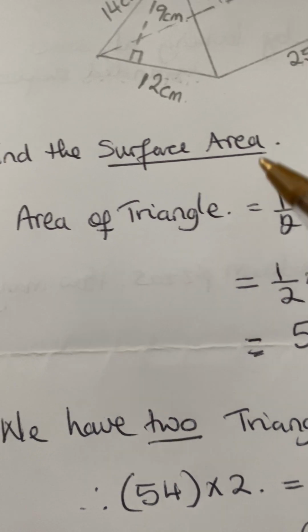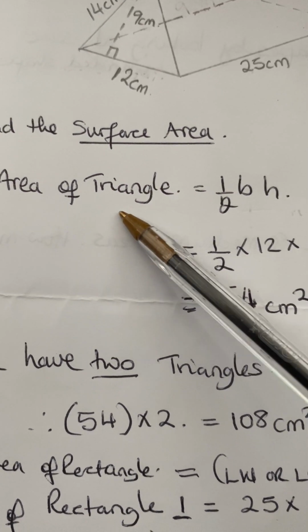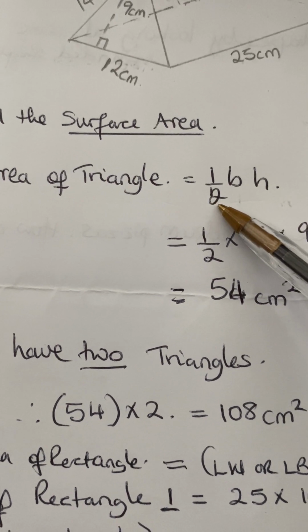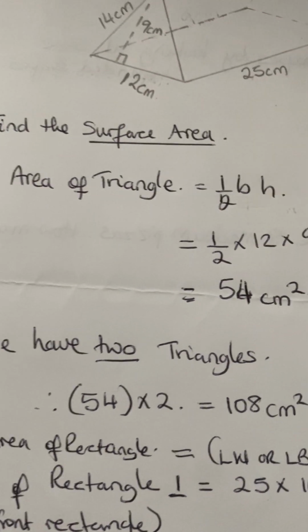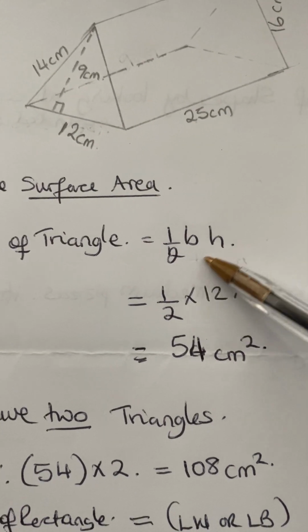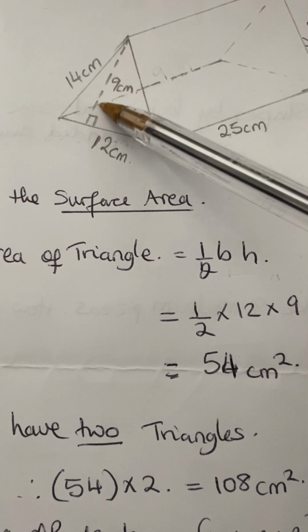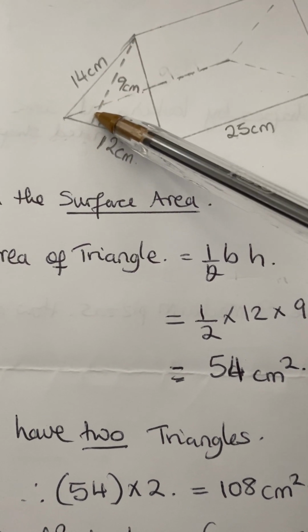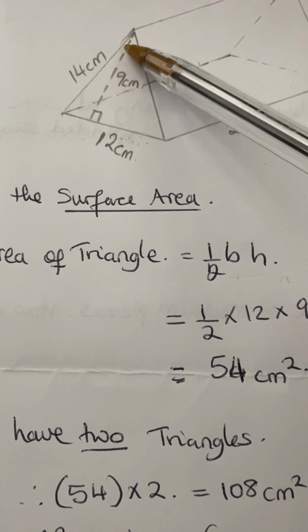The area of a triangle is half the base times the perpendicular height from the top to the middle where it cuts at 90, not the slanted height.